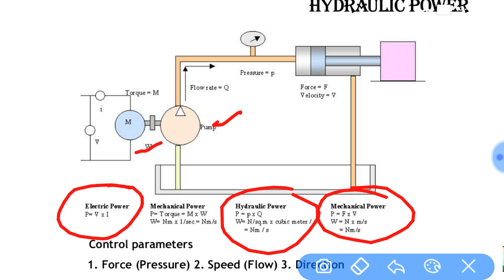Then this is getting converted into hydraulic power. Then due to this hydraulic system, this actuator is running, and finally this is also converted into mechanical power in terms of force and velocity.